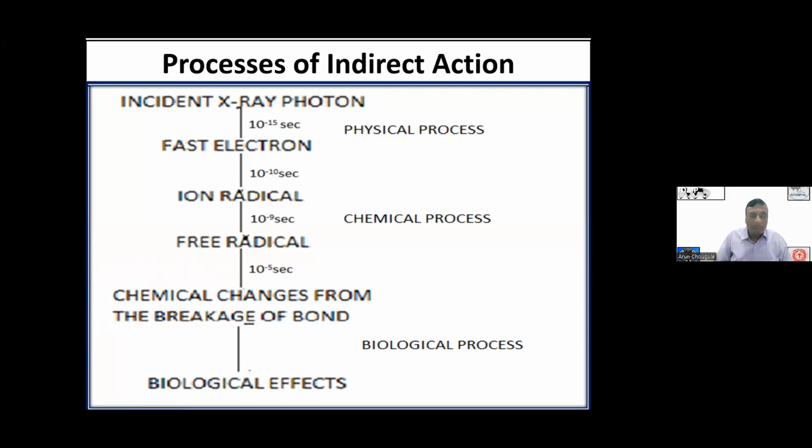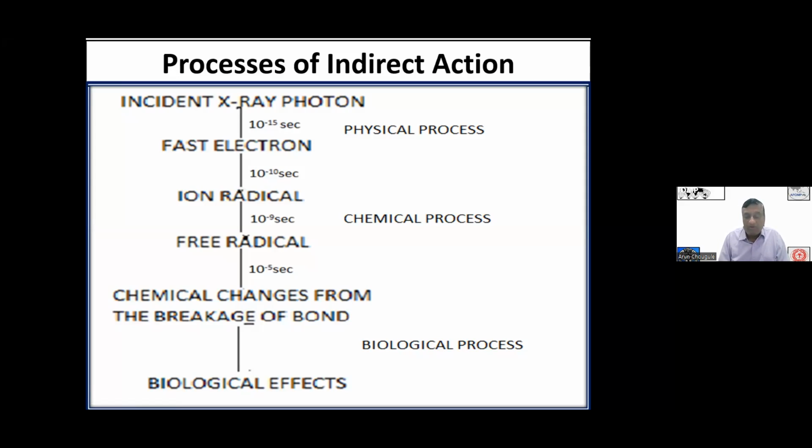radiosensitizers or radioprotectors. So a radioprotector, mostly a sulfur drug, will scavenge the free radicals and reduce the biological effect, and a sensitizer will enhance it. So many times we use concurrent chemotherapy. Radiation with chemotherapy is sensitizing, or oxygen supply, that again is a sensitizer.